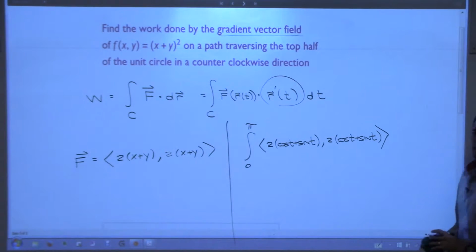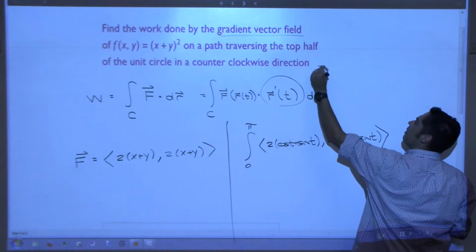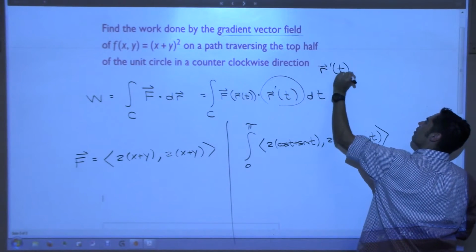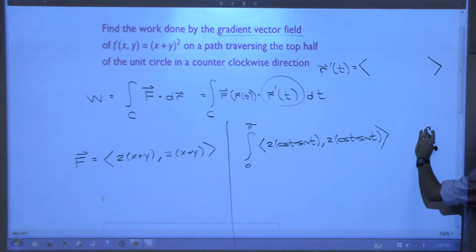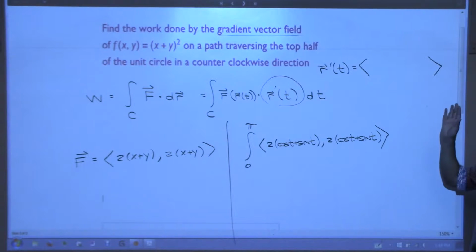Now, the derivative of the curve, I hadn't written that down, but I'll do it right here. What's the derivative of that curve function? How do you take the derivative of a vector function? Component by component, right? What was the x component of my r?